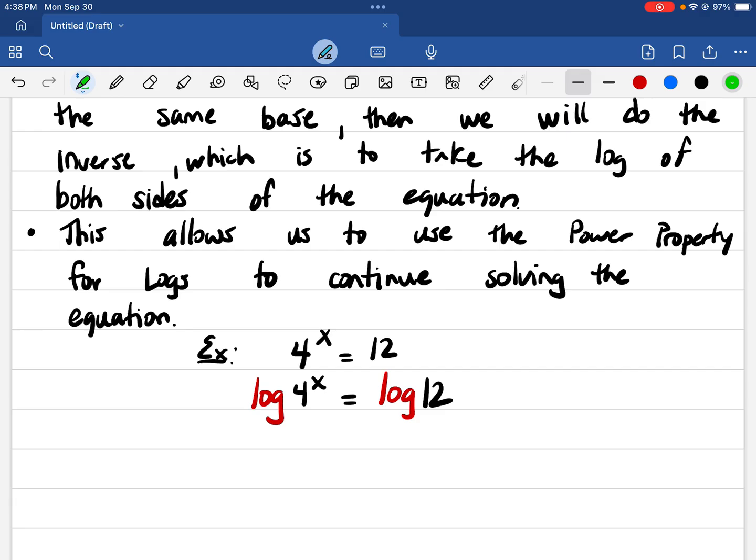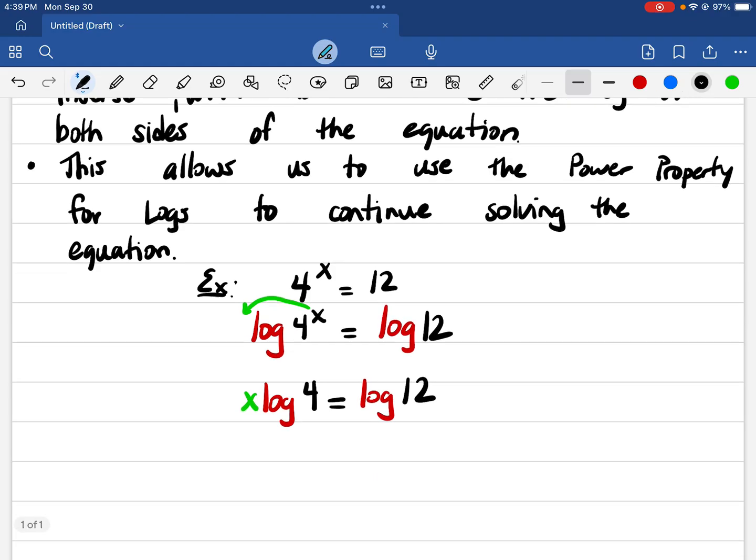Then we are allowed to use that power property that we talked about yesterday that says that we can bring that exponent down in front of that log. And that's going to give us x log 4 equals log 12.